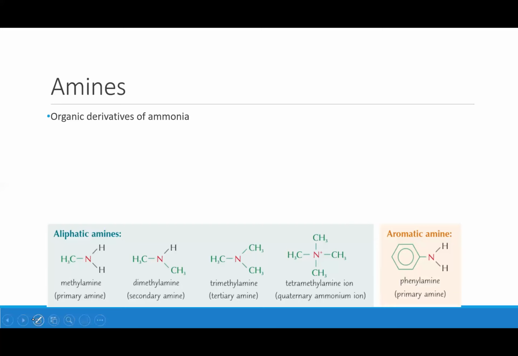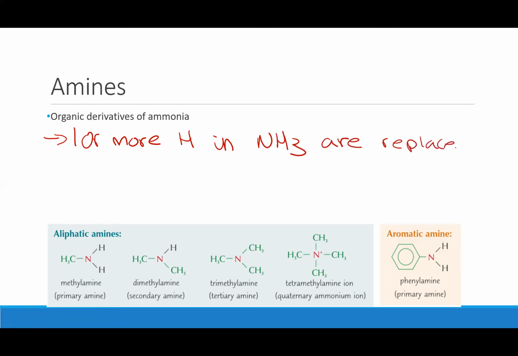So again, I'm just going to go through this really quickly for you. Basically, an amine is a derivative of ammonia, and we get an amine when one or more of the hydrogens in ammonia are replaced with an organic group. As you can see, you replace one, you get a primary amine.